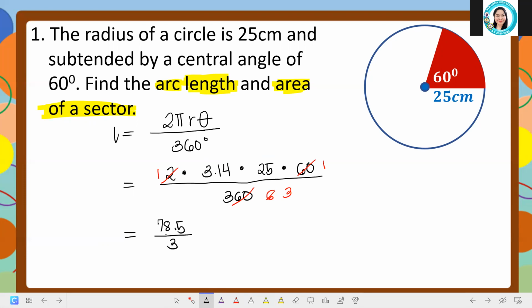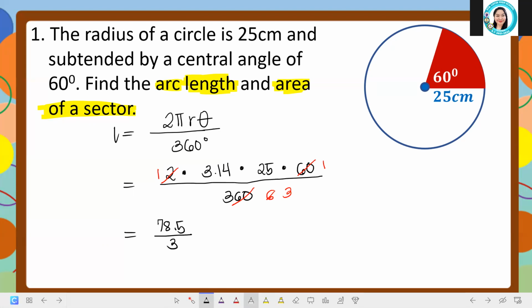Kasi nung sa kabilang calculator nag-solve, 3.14 times 25 is, tama, pareho lang din. 157 divided by 2.